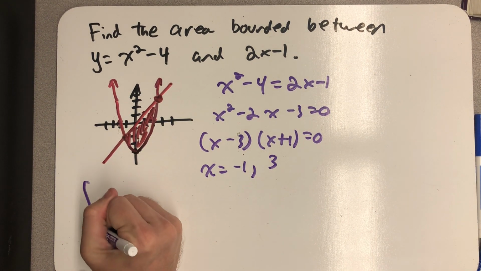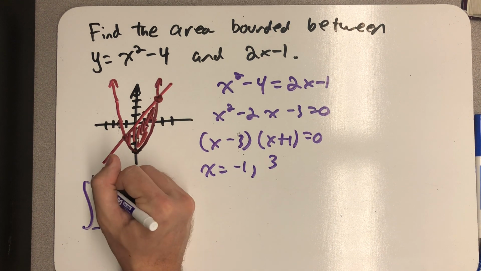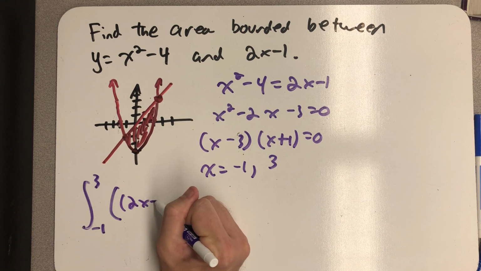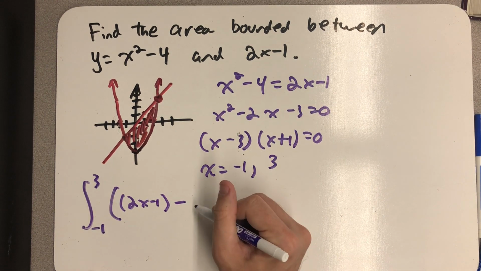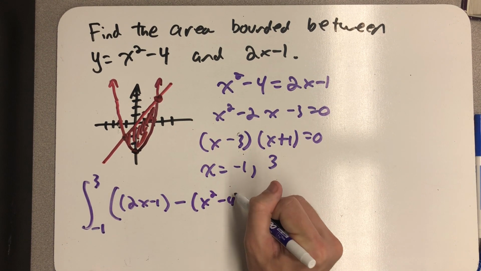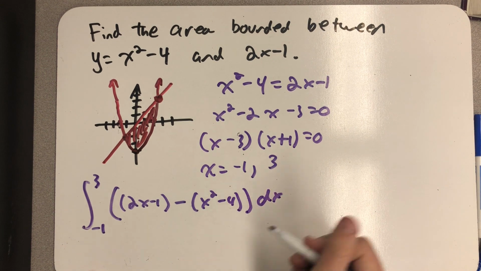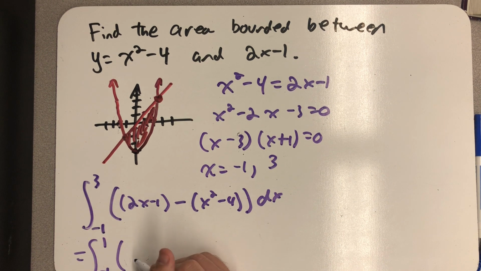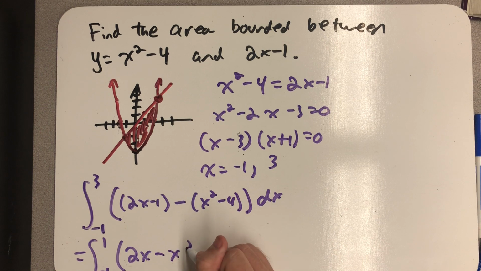This will let me set up my integral. And I know I need to take the top function and subtract away the bottom function. Well, I could find an antiderivative of this, but let's simplify the function first. Let's see, I'd have 2x minus x squared minus 1 plus 4 is plus 3.